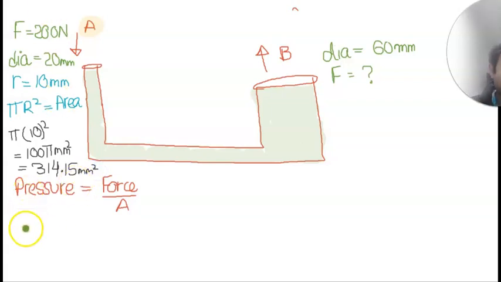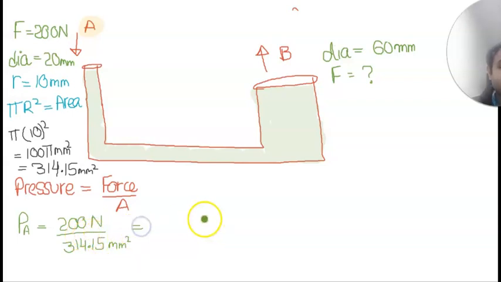Now that I have the area, I can find the pressure at A. I'm just going to call the pressure at A PA. Pressure at A is force, which is given as 200 Newton, divided by 314.15 millimeter square. If I divide that, I will get an answer in a unit of Newton per millimeter square.